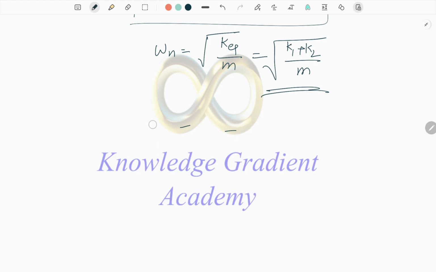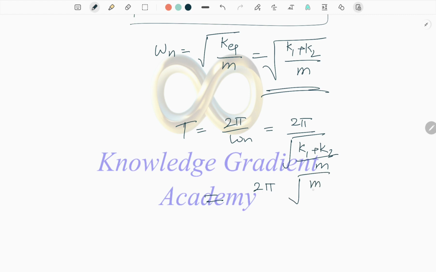Time period is equal to 2 pi by omega n. So 2 pi, and omega n is root of (K1 plus K2) by m. If we simplify this, we get 2 pi root m by (K1 plus K2).